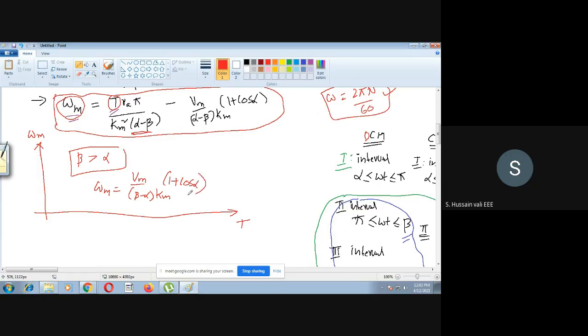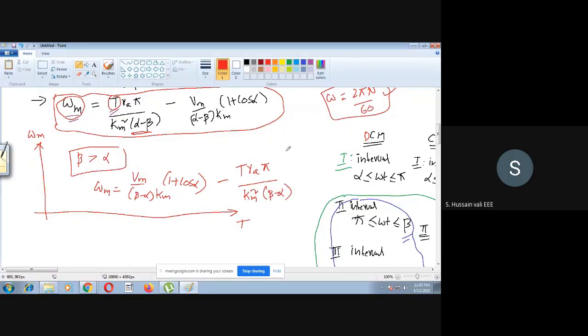minus T into Ra into pi by Km square into (beta minus alpha).